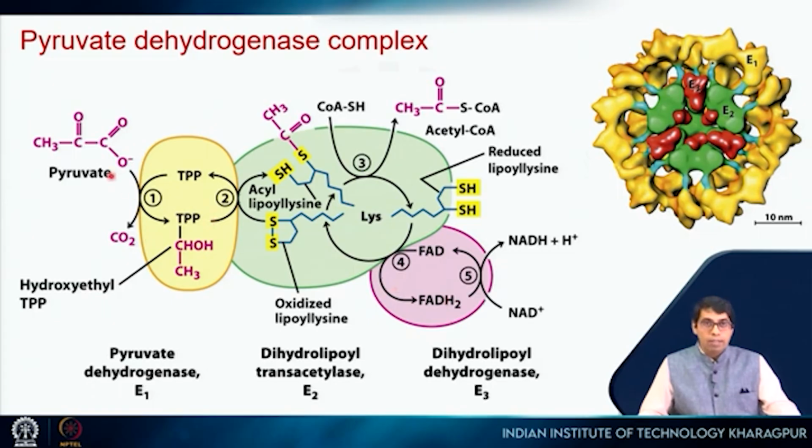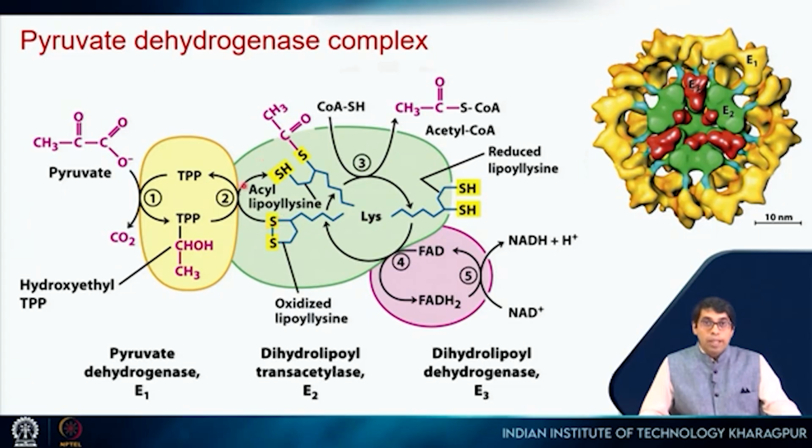E1 catalyzes the first step where TPP, thiamine pyrophosphate, interacts with pyruvic acid, carbon dioxide is released and this acetyl group is attached to TPP as hydroxyethyl TPP, right. Now, TPP is regenerated and this hydroxyethyl TPP is oxidized to an acetyl group, right.